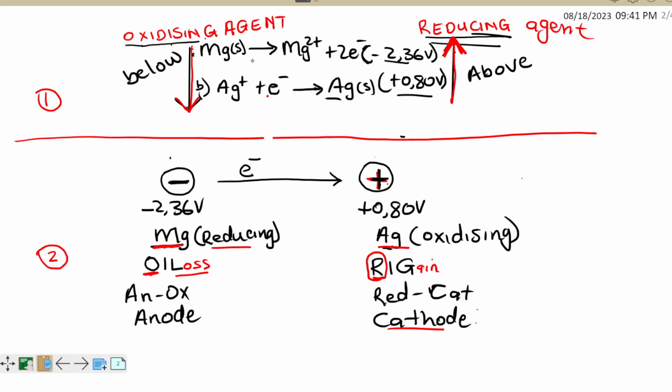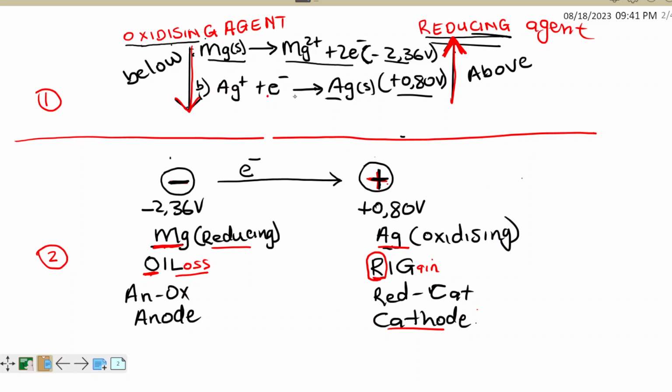Here is the oxidation half reaction. So we have Mg in a solid form, forward arrow, then we have Mg2+ plus 2 electrons on the right because electrons are being lost. There's oxidation taking place here, and Mg is the reducing agent, but it is being oxidized.